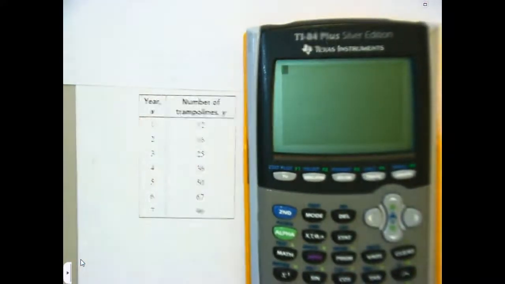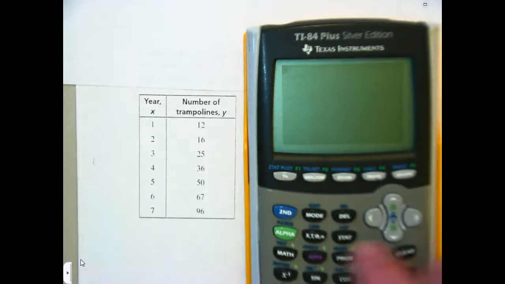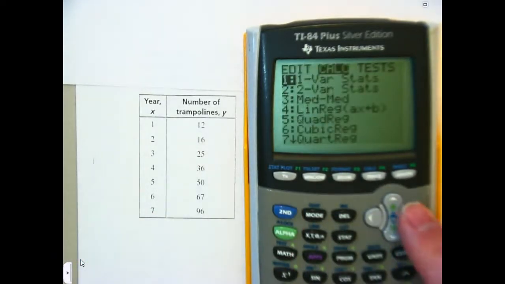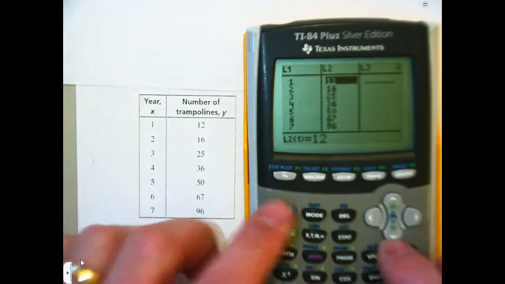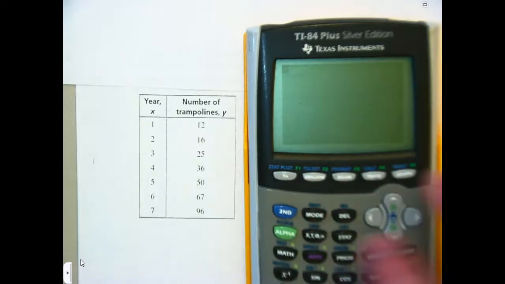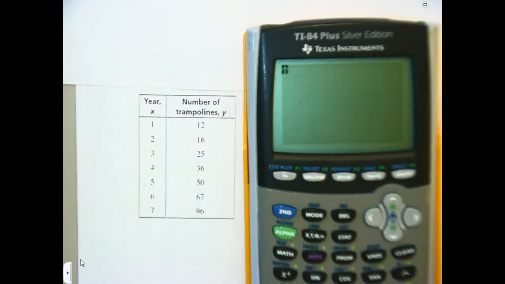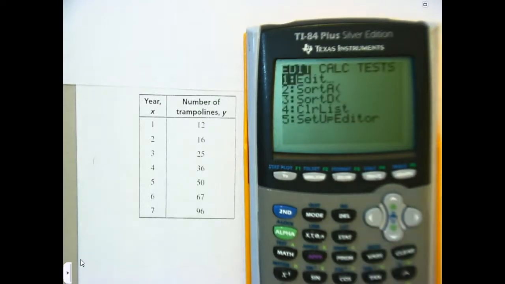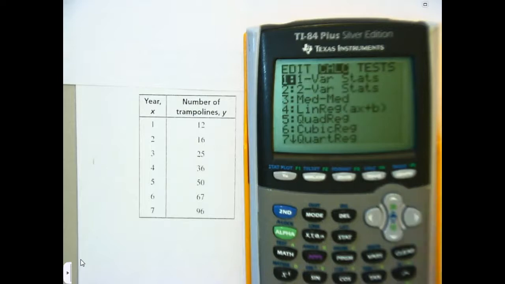Okay, ladies and gentlemen, up here. Once you're in there, eyes and ears here, please. You put your lists in. We hit quit. I want you to find the exponential model for this data using exponential regression. Remember, your regressions are under stat, calc.